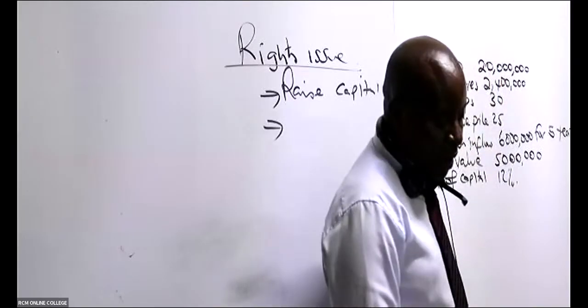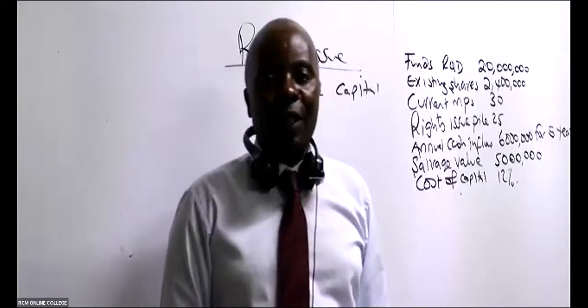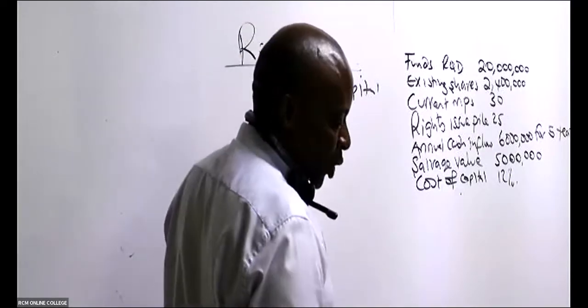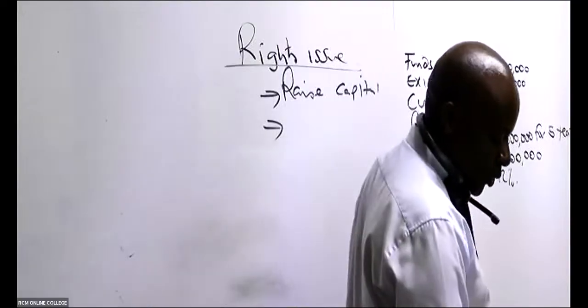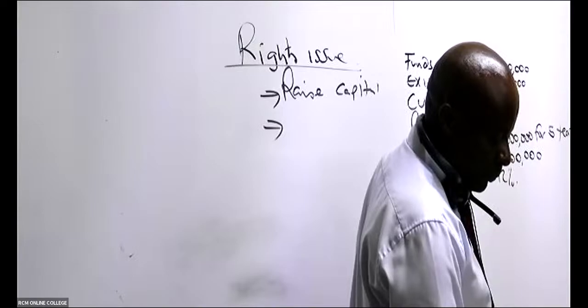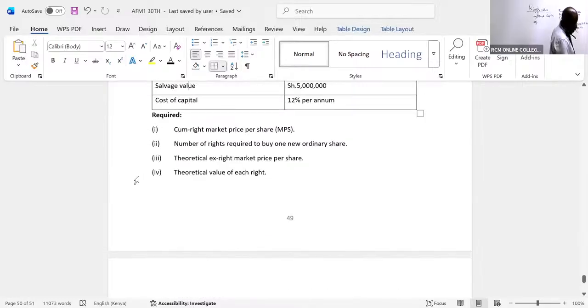So the first question that they want us to do, they want us to give them the CAM rights market price per share. Look at the first question. They want us to give them the current CAM rights market price per what year?